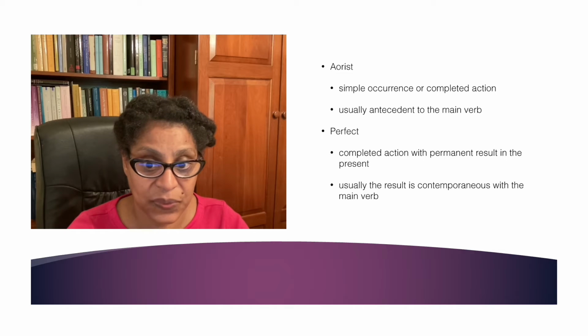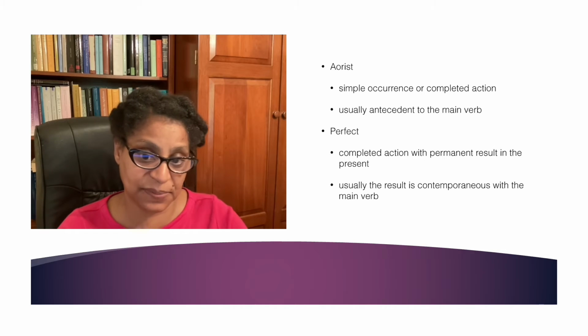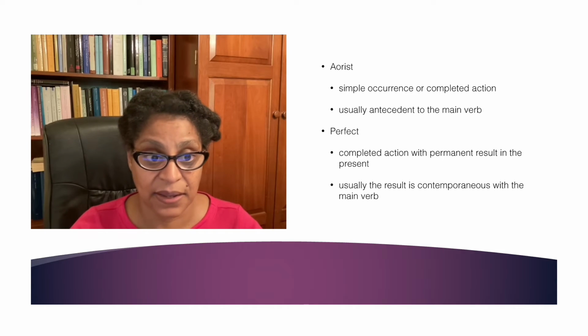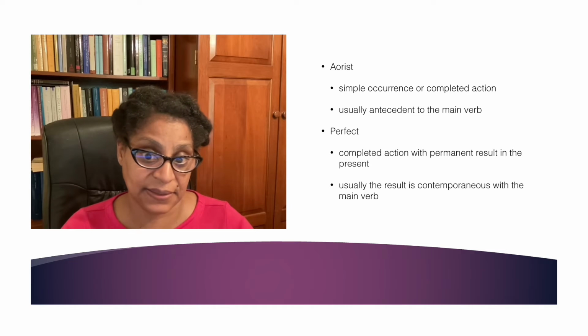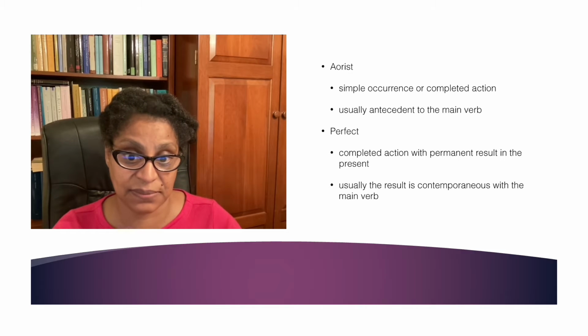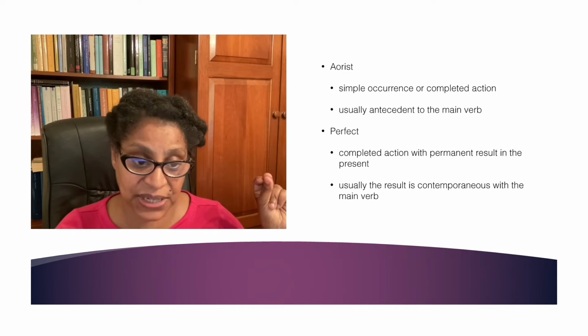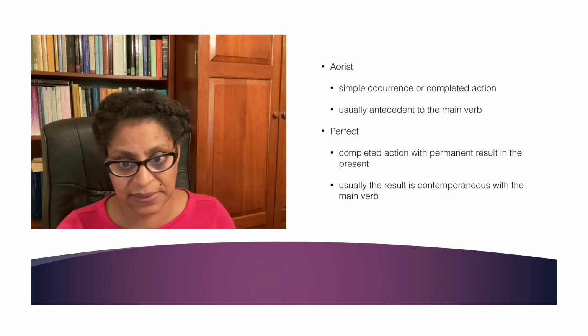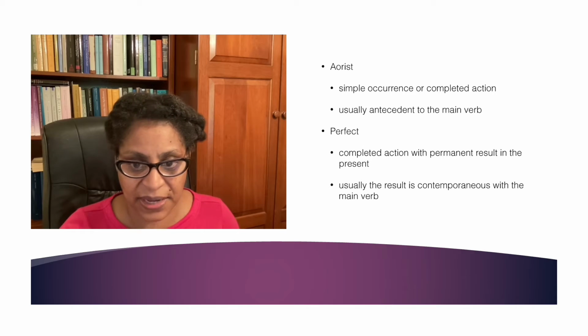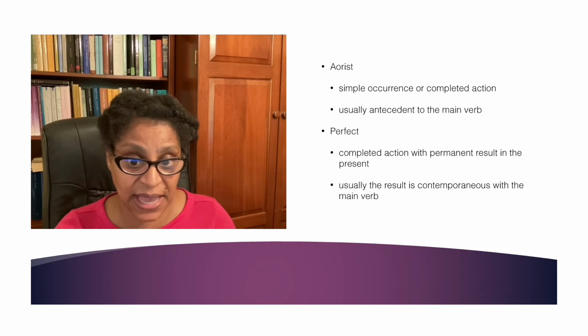So now, the aorist and the perfect are the most tricky, especially for folks who have Latin, because this is where, again, Greek deviates from Latin. Now the aorist, remember, is always this simple occurrence, completed action, right? It's an action that happens so fast, it's effectively in the past. And so when we move out of the indicative into the participles or any other kind of mood, the quality of the action, the instantaneousness of the action is what is paramount when the writer is using it.